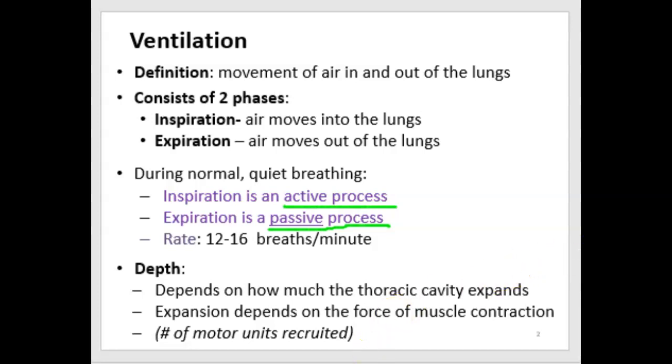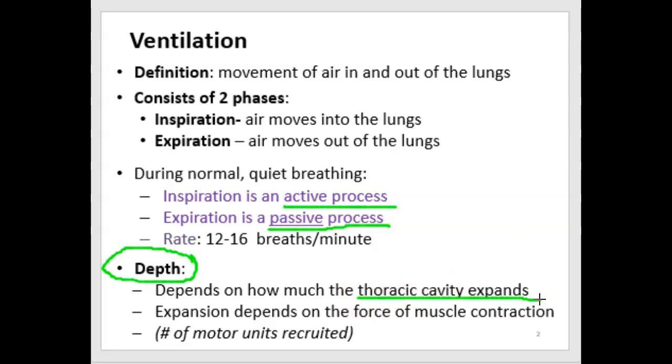I wish we had more time to talk about the depth of respiration. We'll talk about it a little bit in the next lecture, but we can vary how deep our breath is by changing how much we expand our thoracic cavity.